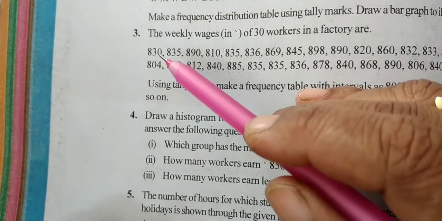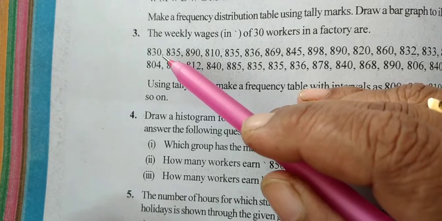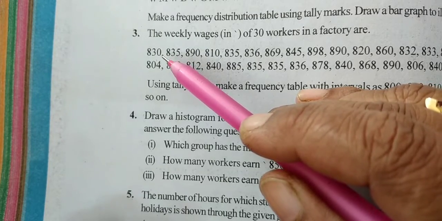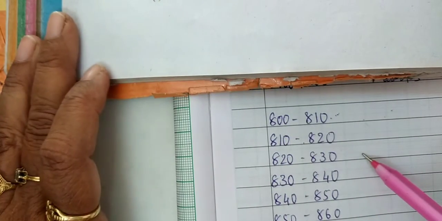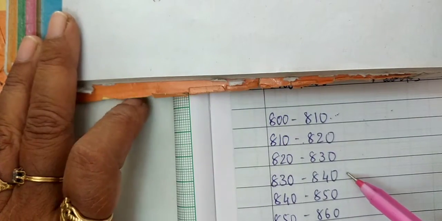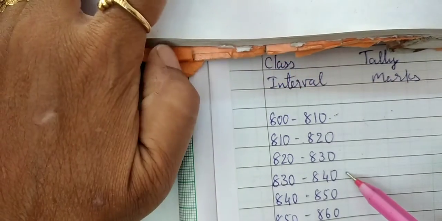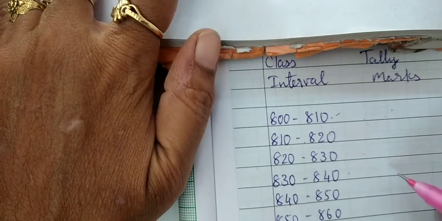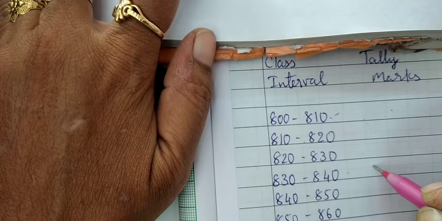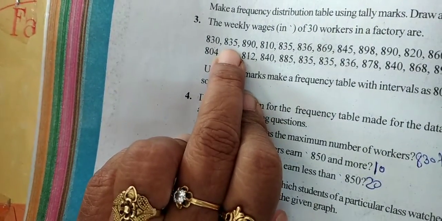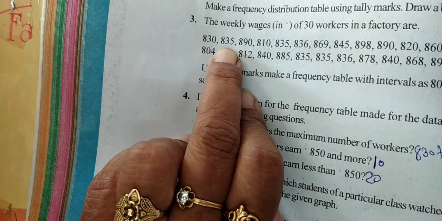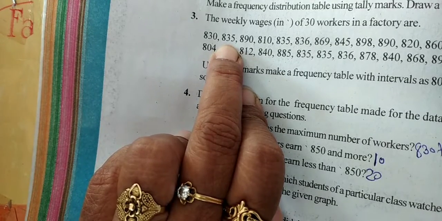Let's begin with the first entry, 830. Okay, so you can see here, you will not mark over here, but you will mark here. So this is the tally mark, right? And first we start with 1 mark. Okay, 1. Then the next reading is 835. Again that will come under 830 to 840.